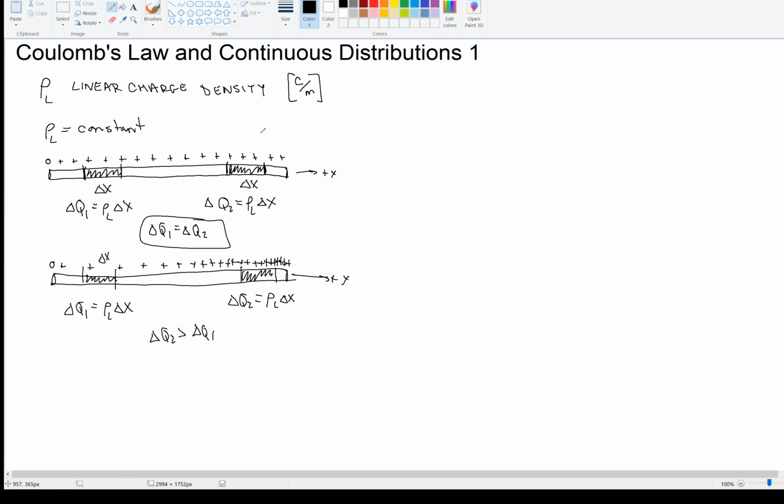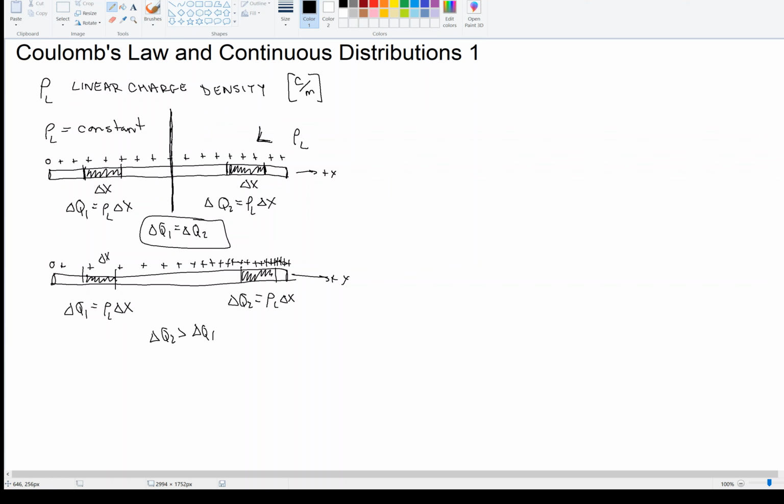We're going to call that length L, and it has a uniform charge distribution of rho L. We're going to find the electric field anywhere on a line perpendicular to the line of charge and passing through its midpoint. So we're going to find the electric field anywhere on this line that I'm drawing right now.